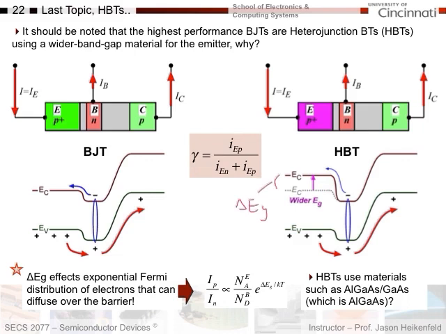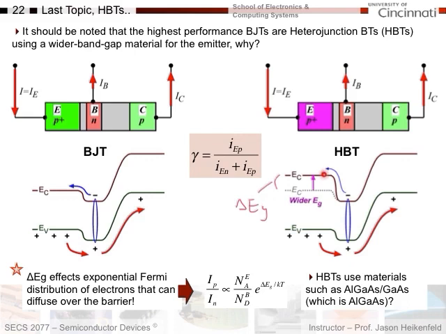And the reason why it's exponential is because it's all related to electrons trying to diffuse over here, and as you basically go create a bigger barrier, just like a diode turning on, you'll be able to tap into less and less of that exponential distribution of electrons because of the Fermi distribution. So it does have an exponential relationship in that if you increase delta EG, my electron current goes down exponentially compared to my hole current. And so this can have a big effect at blocking the electrons there.